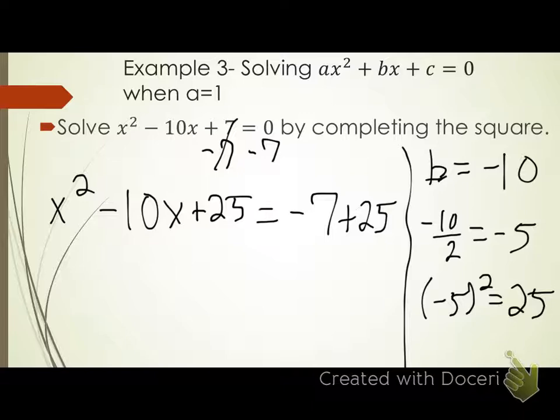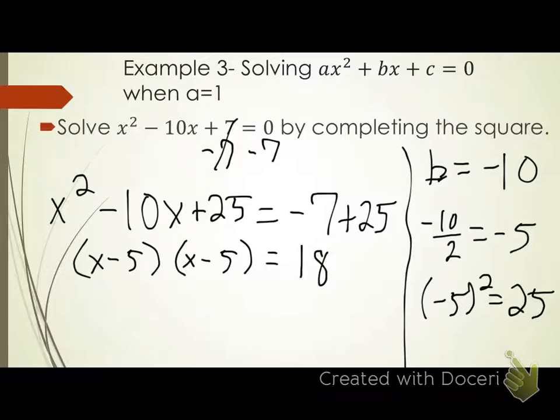So now I can factor this. What are two numbers that multiply to give me 25 and add to give me negative 10? Negative 5, negative 5. And then what's negative 7 plus 25? 18.